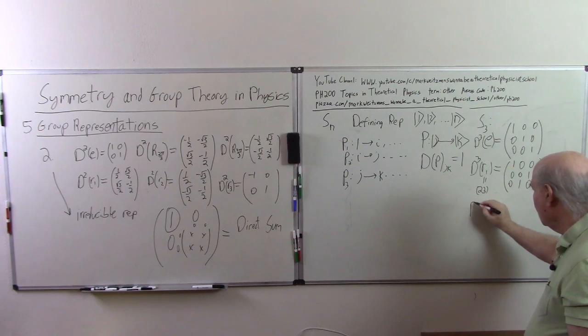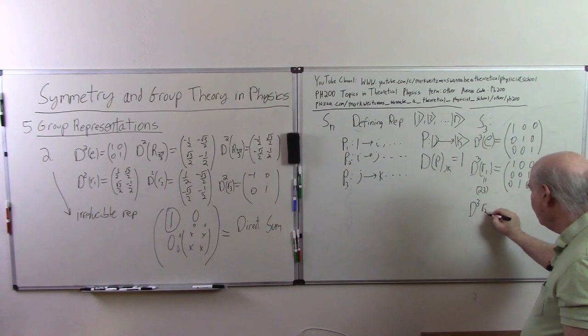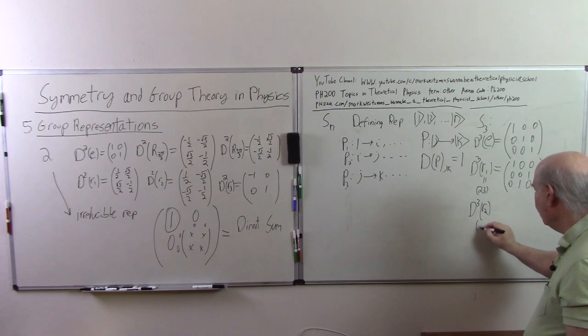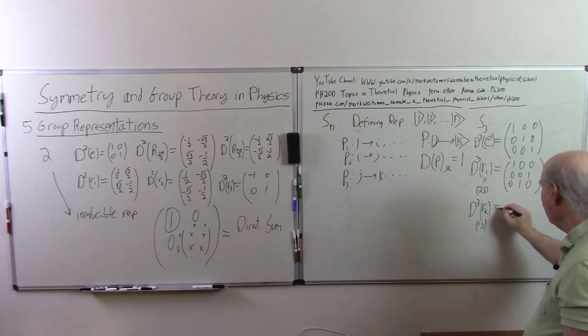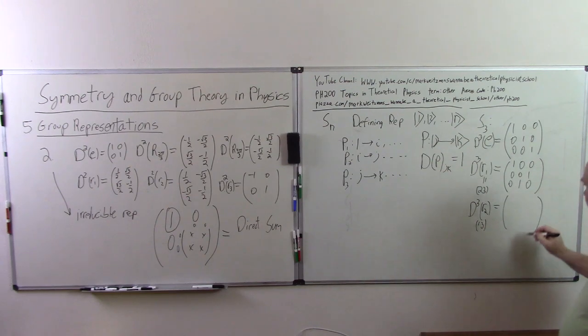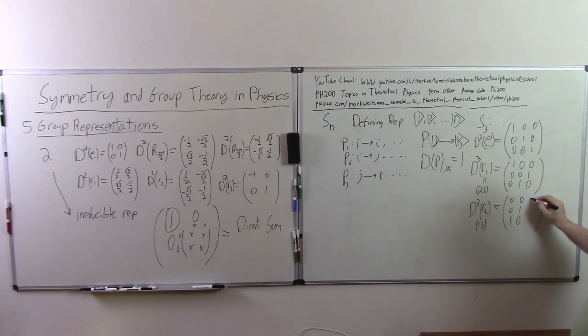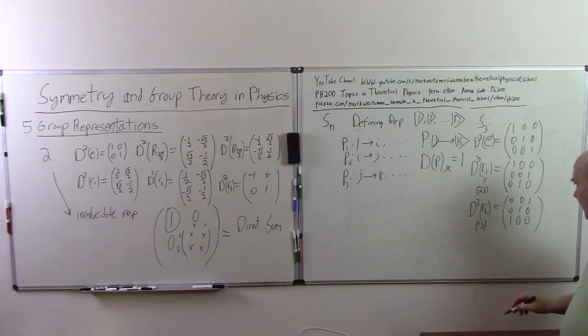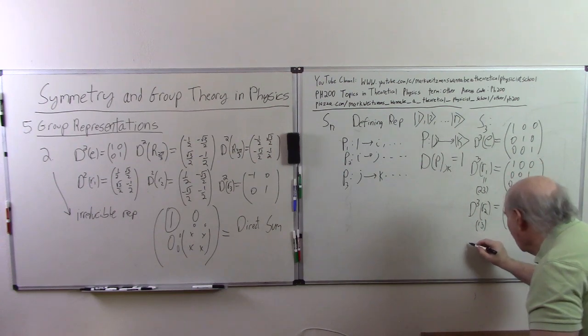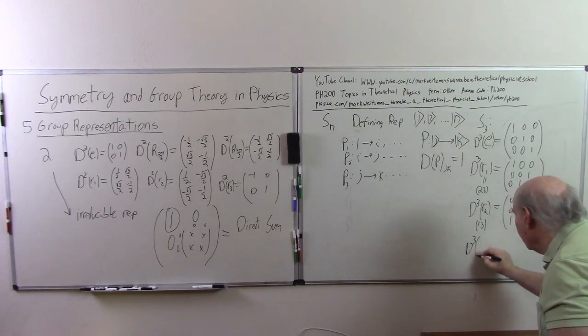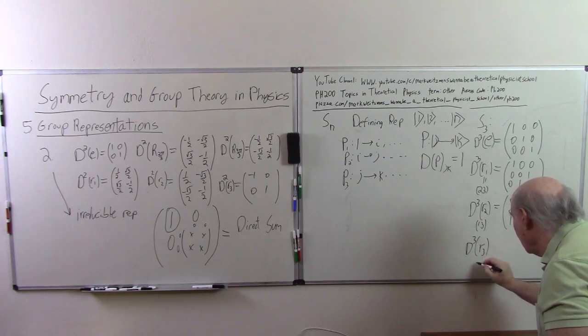D3 of R2 is represented by (1 3). This goes to 0, 0, 1, 0, 1, 0, and 3 goes to 1, 1, 0, 0. And D3 of R3, this is (1 2).